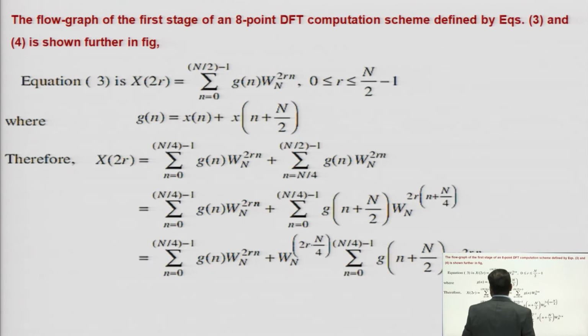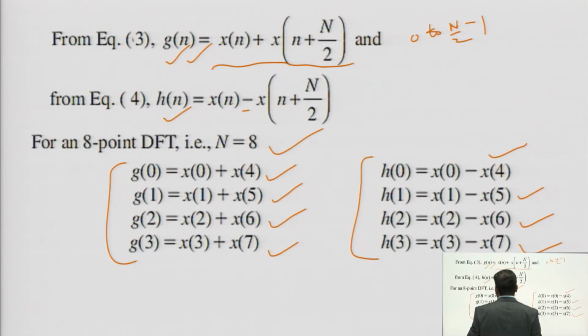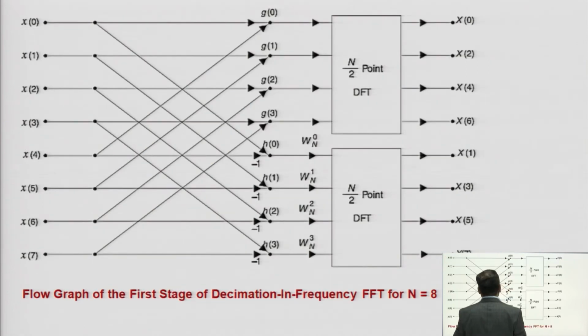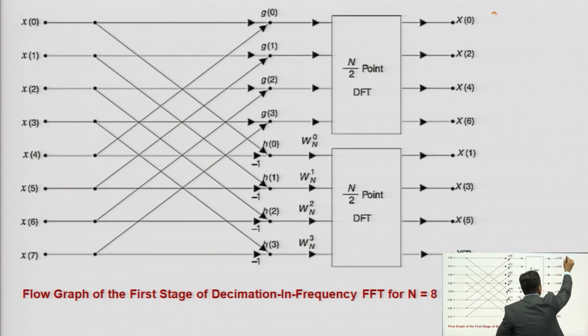Now, the flow graph of the first stage of the 8 point DFT computation scheme defined by equations number 3 and 4. At first we will see this one, because you are doing the first decomposition here. You are decomposing the frequency domain here.